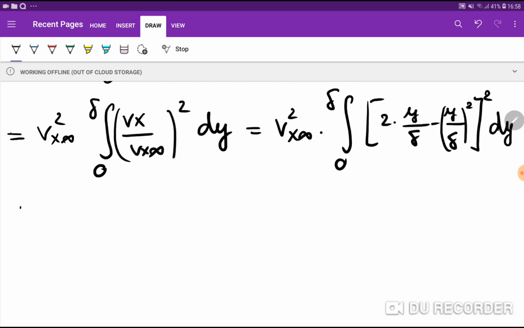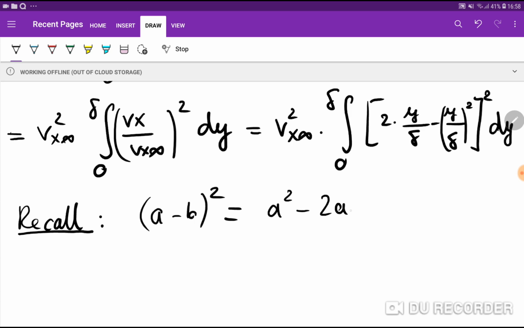So recall, I don't know what the term for this is, a square of a minus term, but you have a theorem: a minus b squared equals a squared minus 2ab plus b squared.